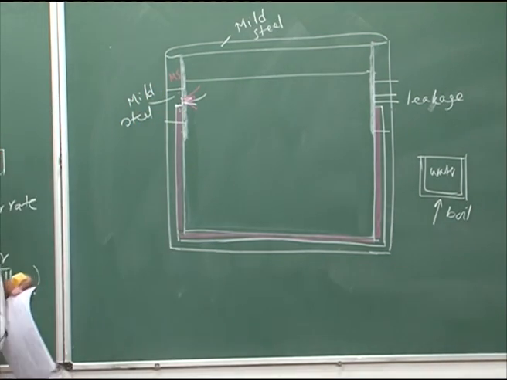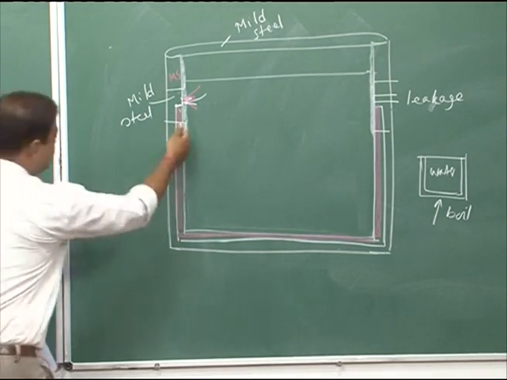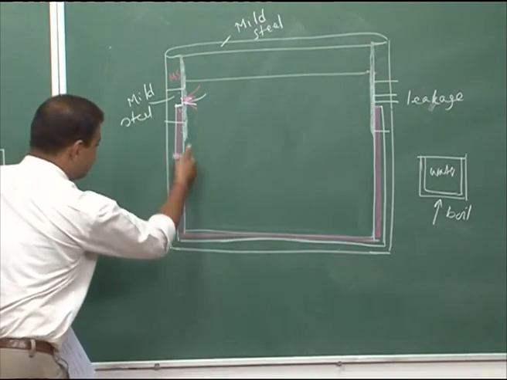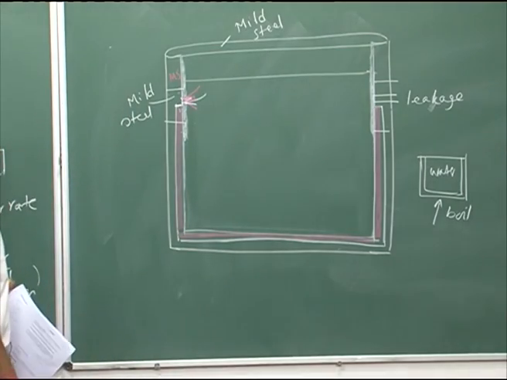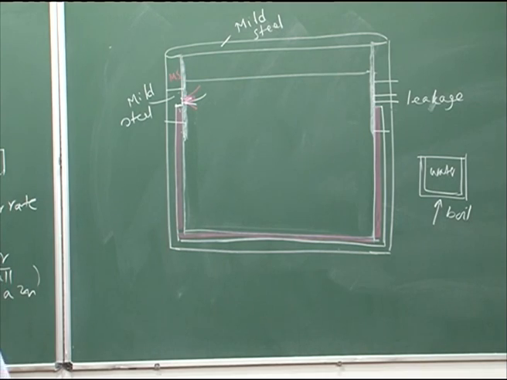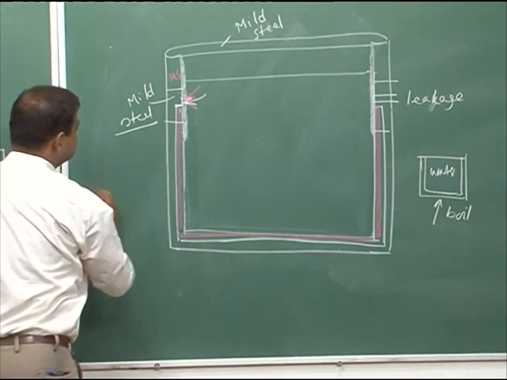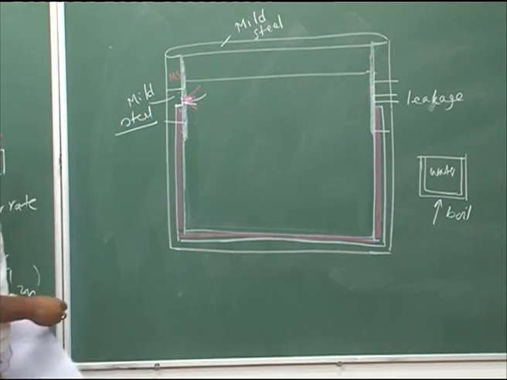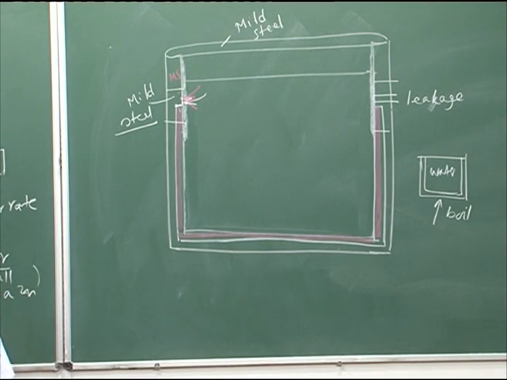If it sees mild steel, and the bottom part is exposed to the solution since there is no phenolic coating at the bottom, and this section has a huge area, and we know that if mild steel and stainless steel are clubbed, then mild steel will be active and stainless steel will be noble in the system.